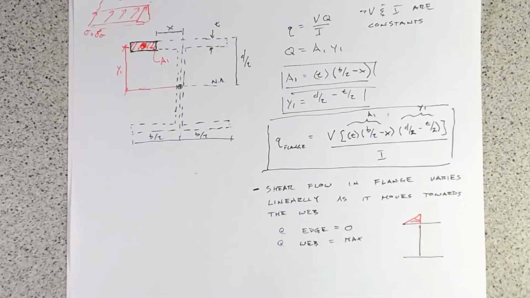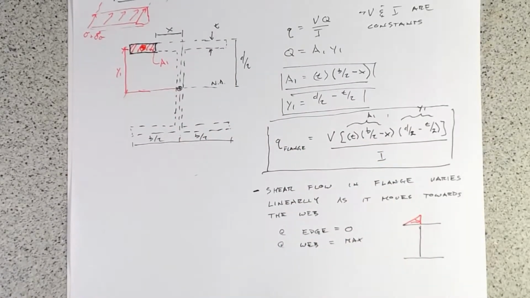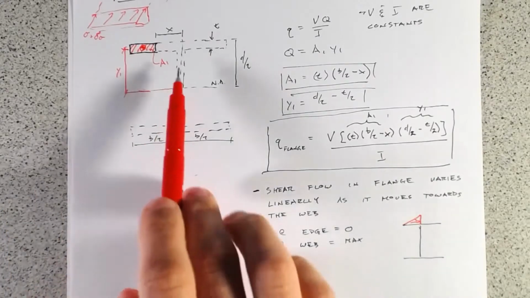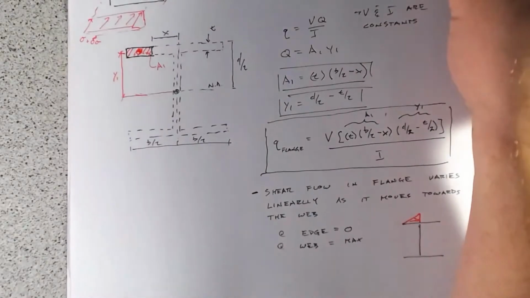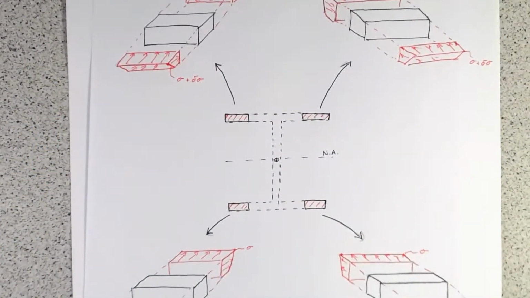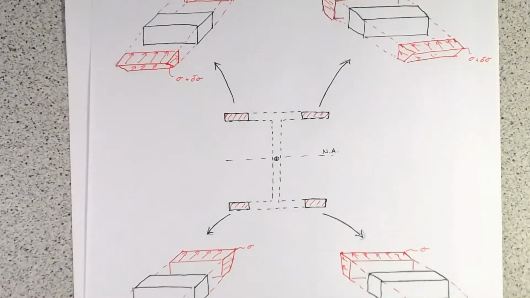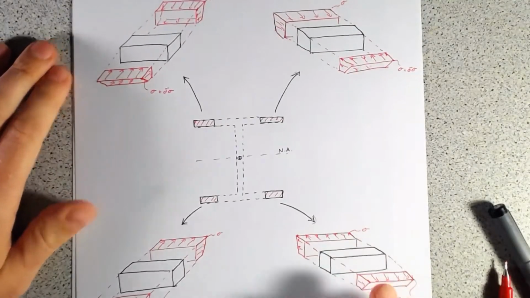But if we want to find out, what is our equation for our shear flow in the others? Well, what we can do is again sort of draw a free body diagram of all of them. So let me zoom out just a bit for you so you can kind of see everything.